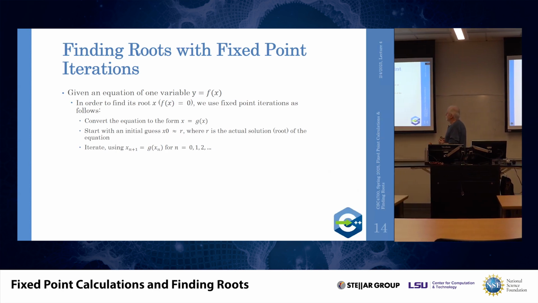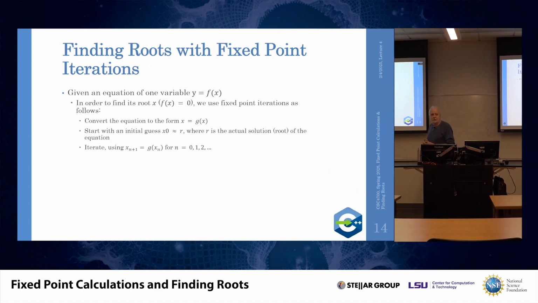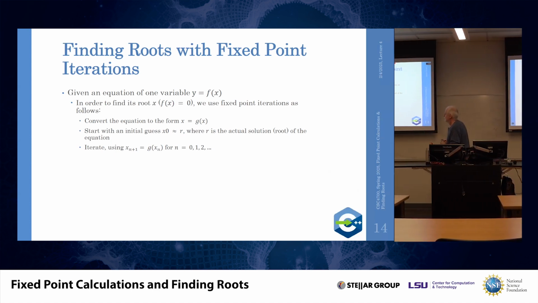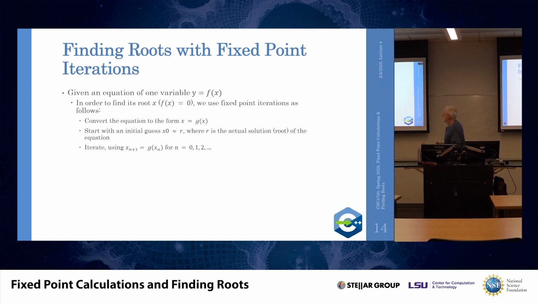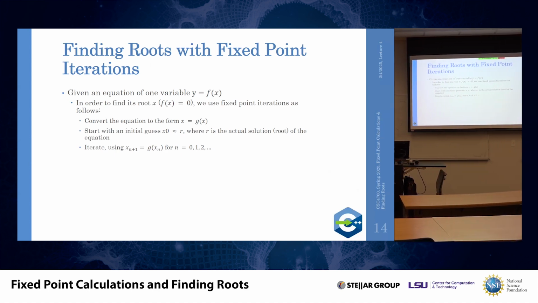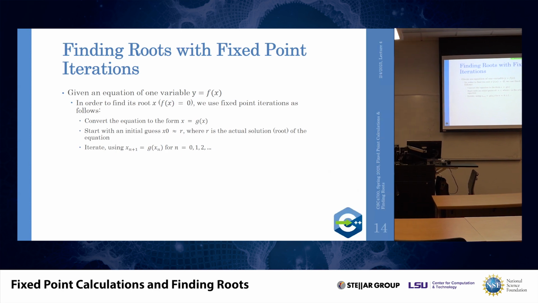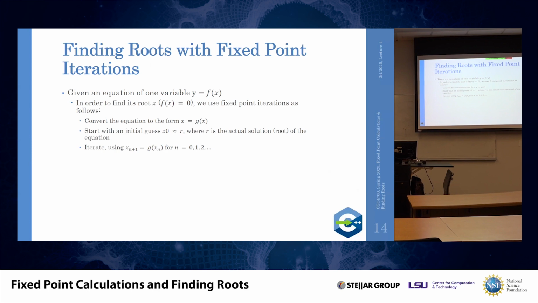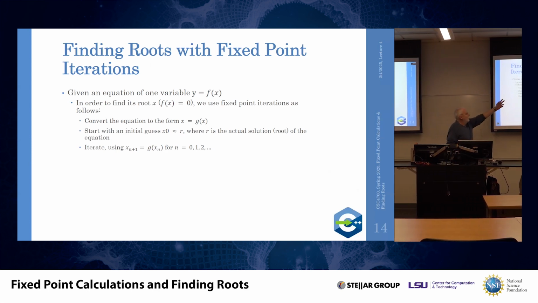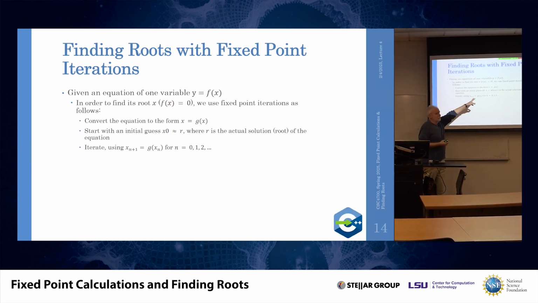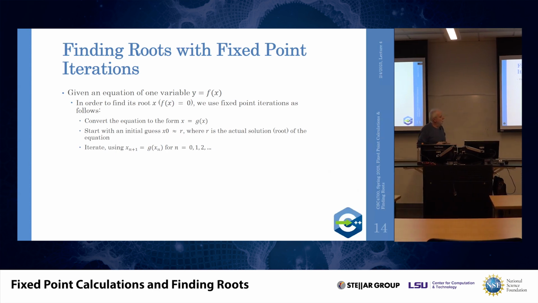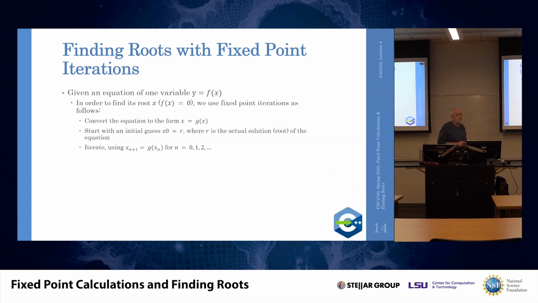Okay, so let's try to find a root of a function with the fixed point algorithm we just developed. What is a root of a function? So if we say we have a function y equals f of x, then in order to find its root, which means find the value x for which f of x is equal to 0, we want to use a fixed point iteration as follows.